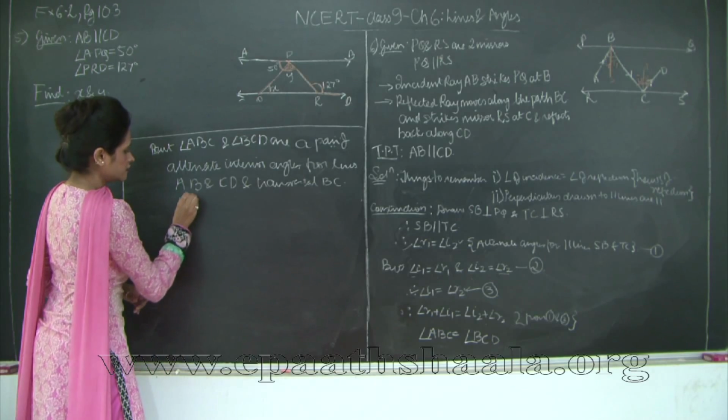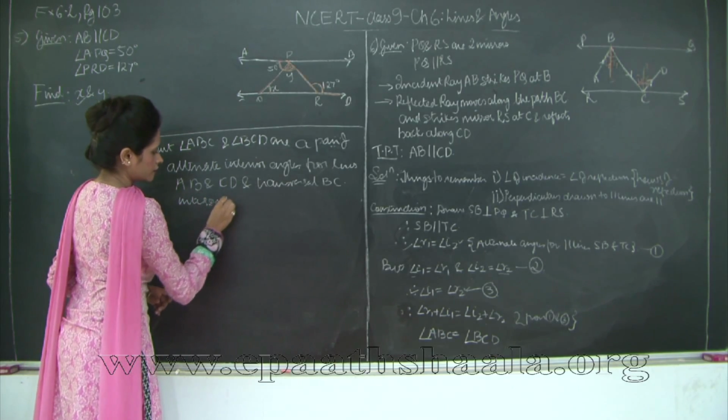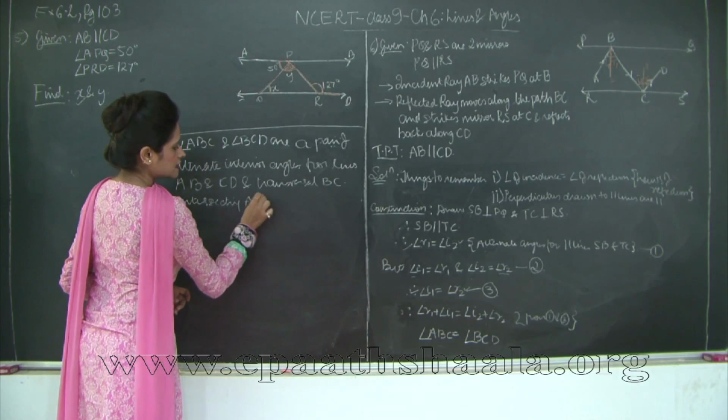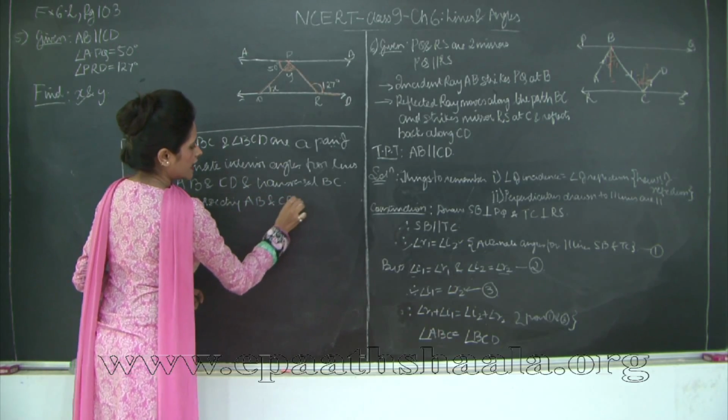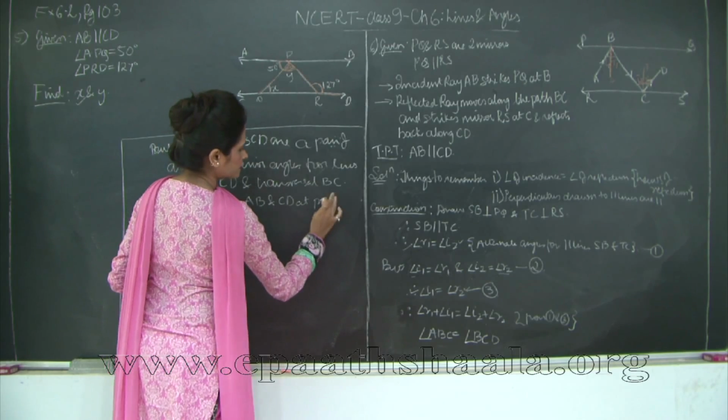BC intersecting AB and CD at points B and C respectively.